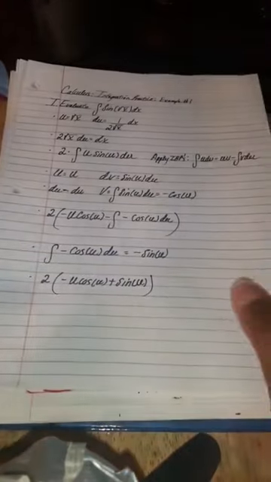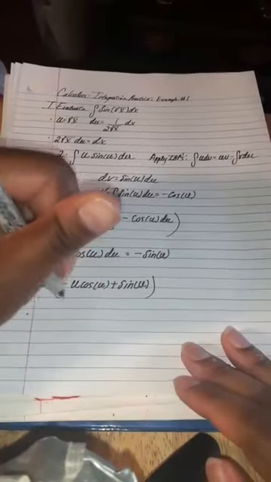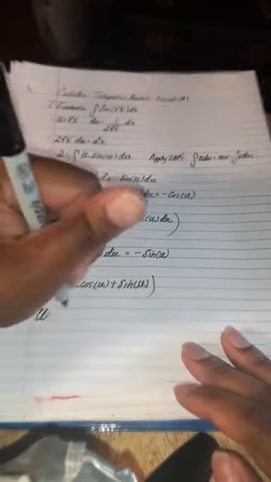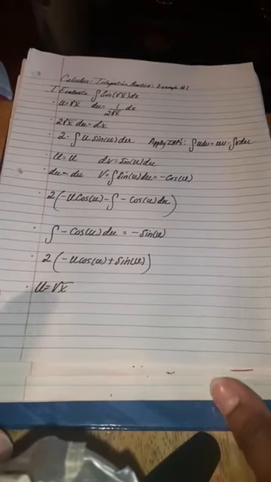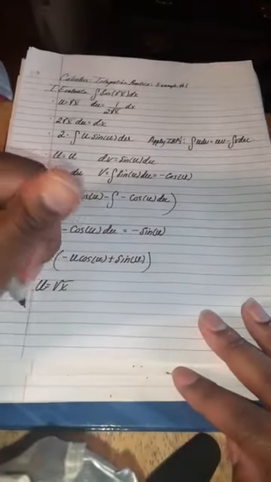Now all we have to do to finish this up is put the u back in. Remember, our u was the square root of x from our original u substitution at the top. So all we've got to do is plug that back in and expand out the expression a little bit to get the final answer.